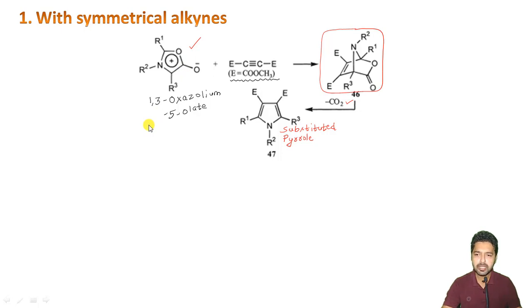I can simply write an equivalent sign here first of all, and after that I can start drawing that structure in this way, means the oxygen here, single bond, nitrogen having the R2 as a substituent, single bond R3 here, single bond, this is my oxygen having a negative charge.